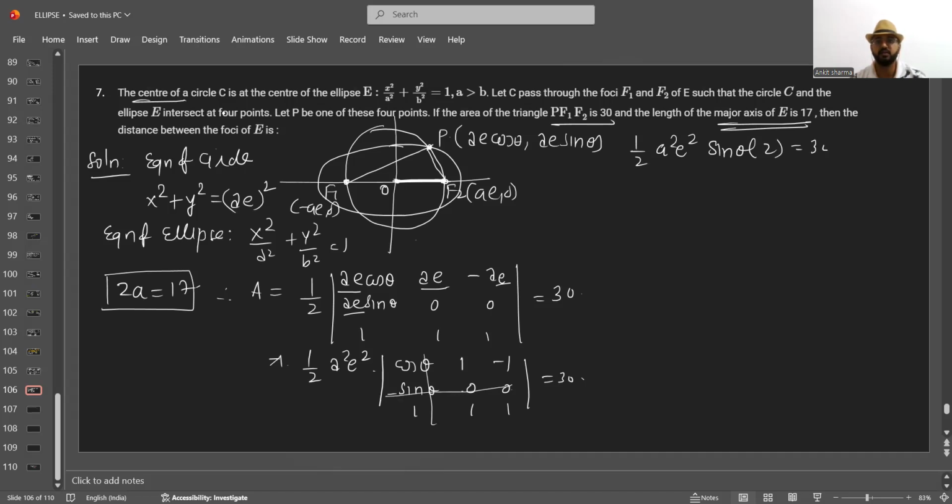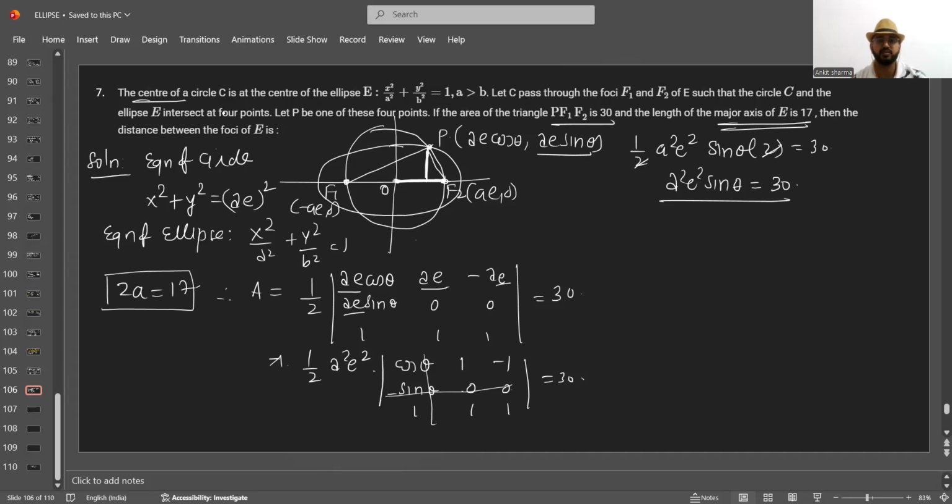This is equal to 30. So this 2 and 2 get cancelled. So I get basically a square e square into sine theta is equal to 30. But it's a very bad thing because ultimately we wanted the area. The height of this triangle would be simply a sine theta, not a square e square sine theta, but not a problem.